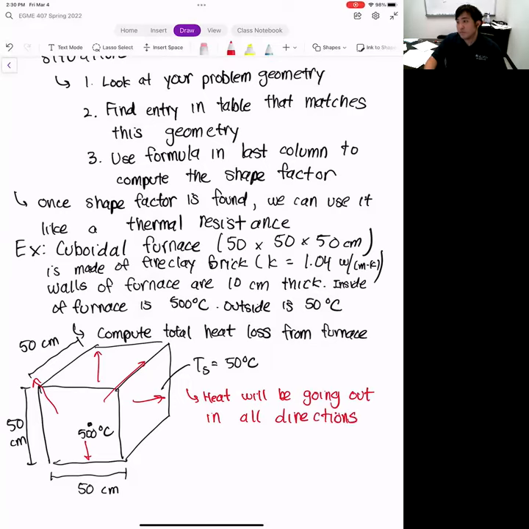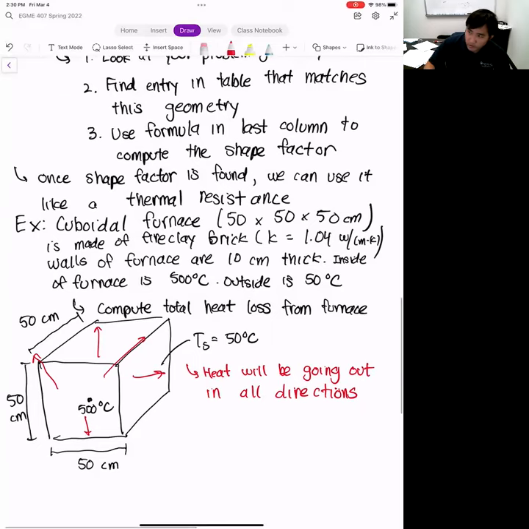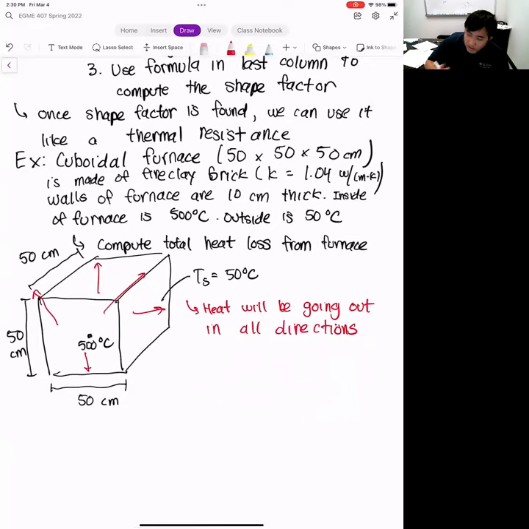That's because we have a 2D case. There are three types of structures that the heat is going to pass through.